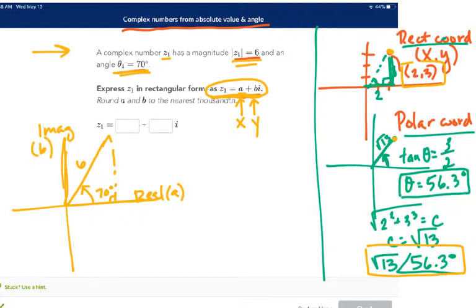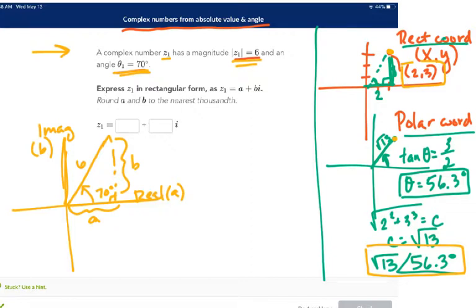So we're going to use a to represent this side of our triangle and b to represent this side, because those are the units we're going to eventually turn things into on our final answer.